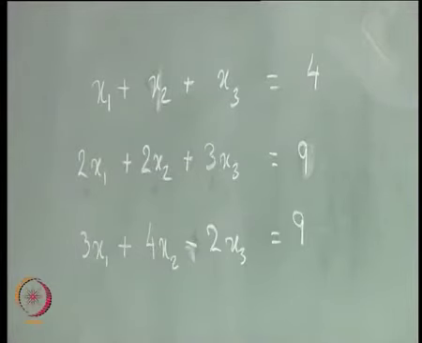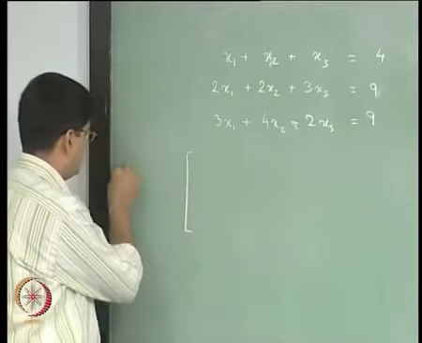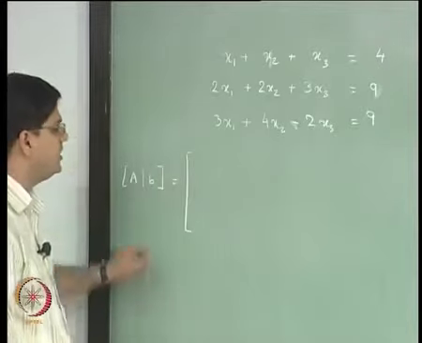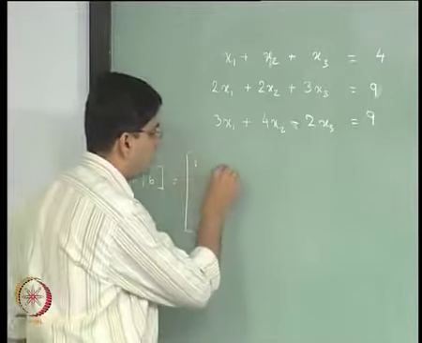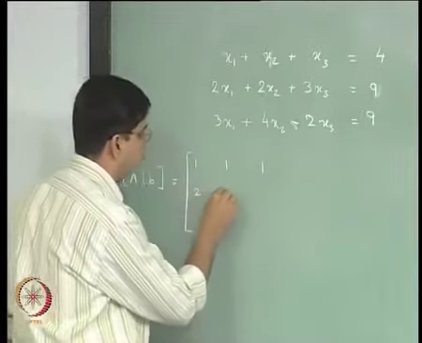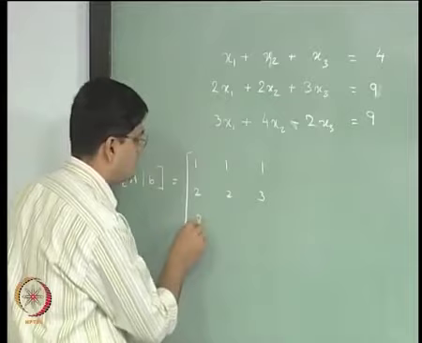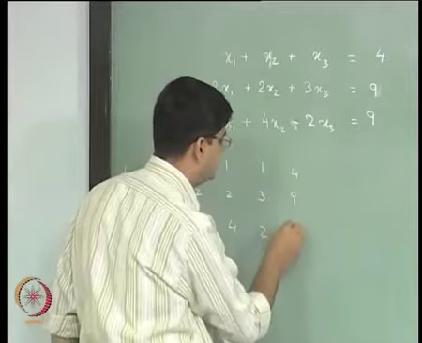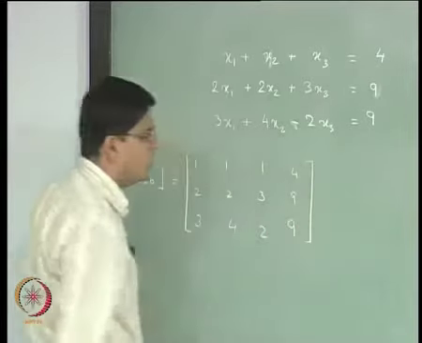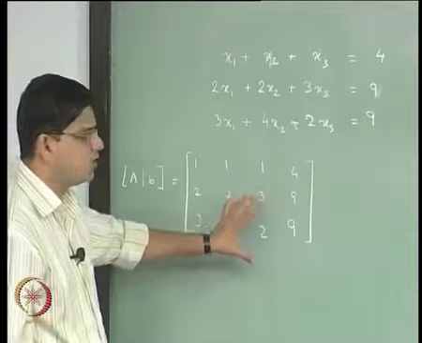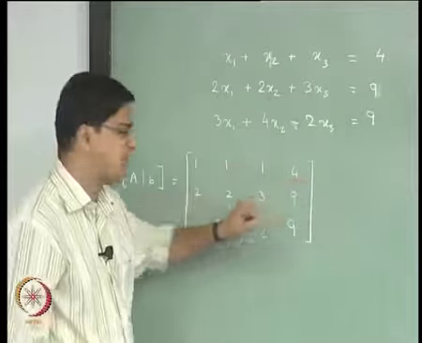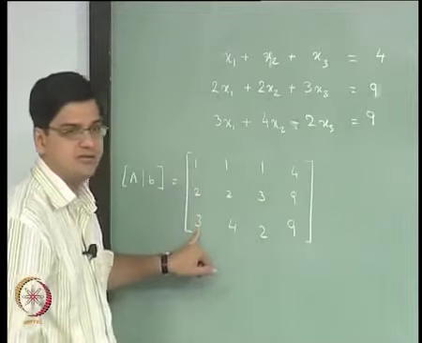So let us write down A and B matrices in the typical way. The matrix A concatenated with the matrix B is going to be 1 1 1, 2 2 3 and 3 4 2, and the last column will be 4 9 9. As we have always been doing in Gauss elimination, we will now do the first step, which is to use row 1 to make this element and this element 0.